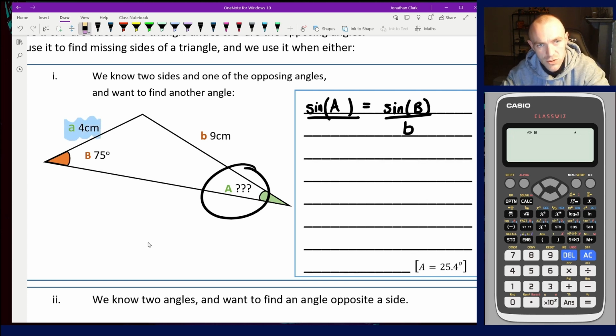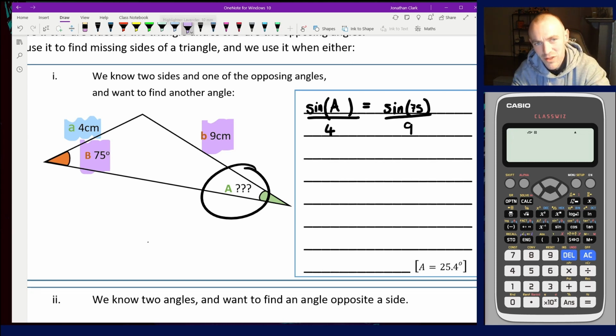That's going to go here. I know the side B is 9. I'll replace that there. And I also know that angle, capital B, is 75 degrees. So I'm going to replace that within the sine function over here.